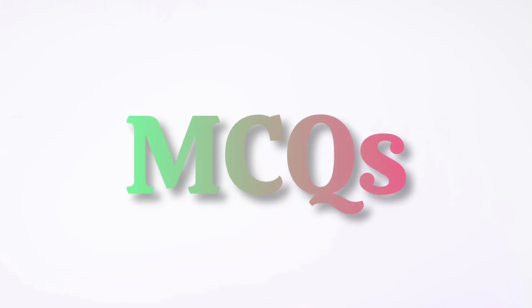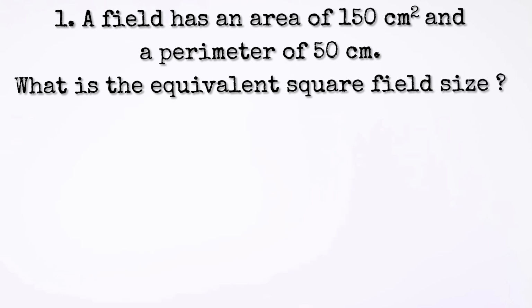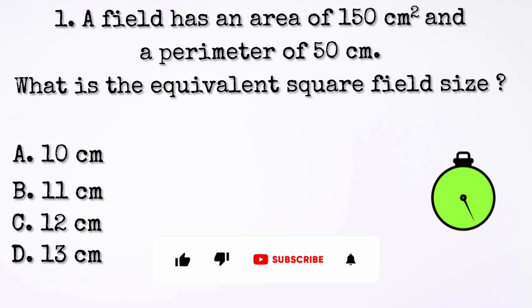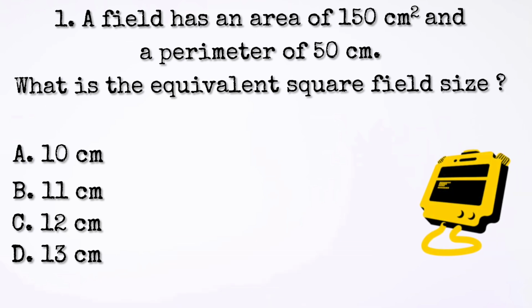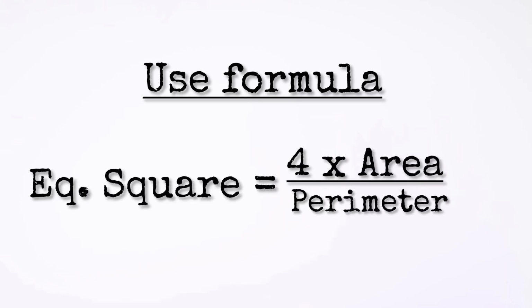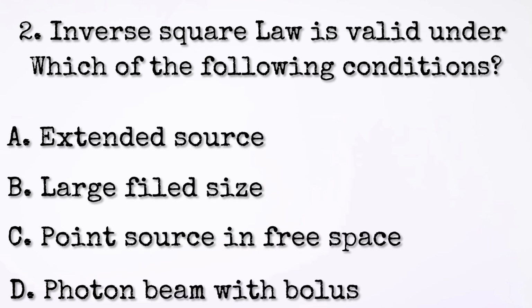Now try to solve few MCQs related to the topic we have discussed. A field has an area of 150 centimeters square and a perimeter of 50 centimeters. What is the equivalent square field size? Inverse square law is valid under which of the following conditions?